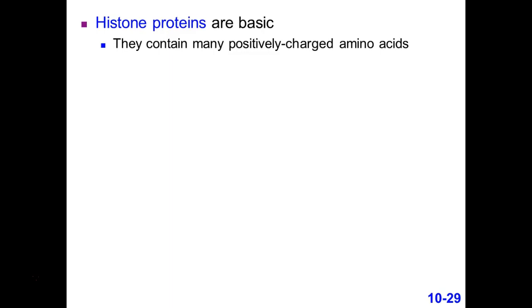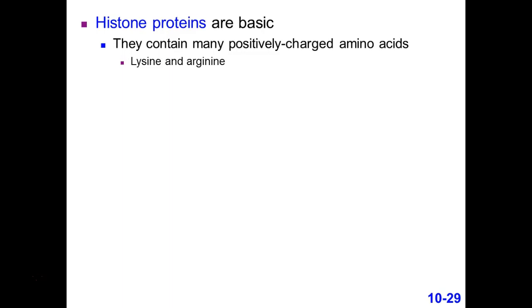So again, it makes sense that these would be positively charged, because if they were negatively charged, they would repel each other, right? It's like trying to put two magnets together the wrong way. They just keep flying apart, because you've got the same poles pointing towards each other. So they're positively charged, mostly amino acids, so that it can interact directly with the DNA.